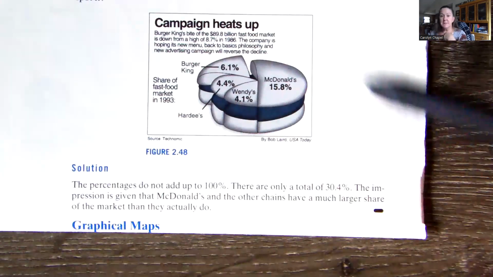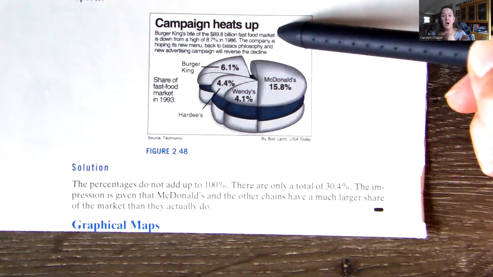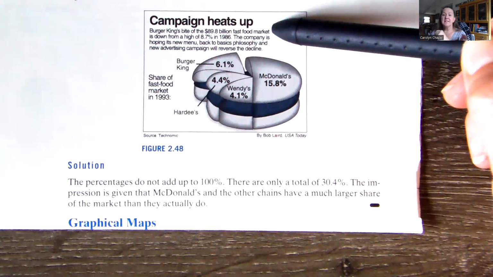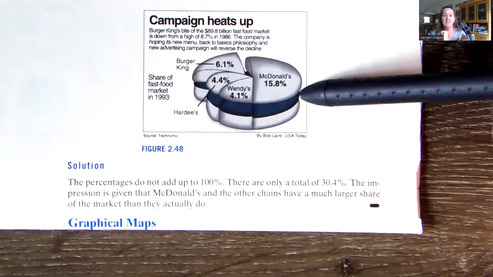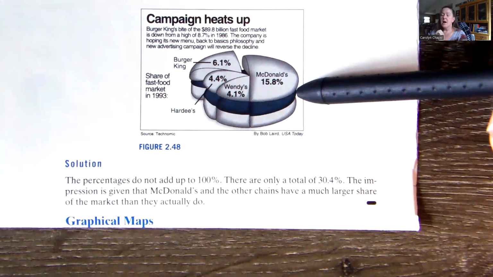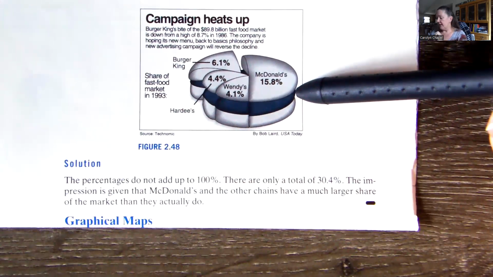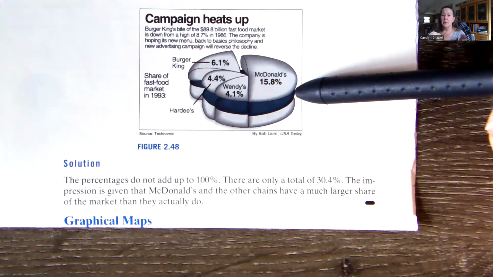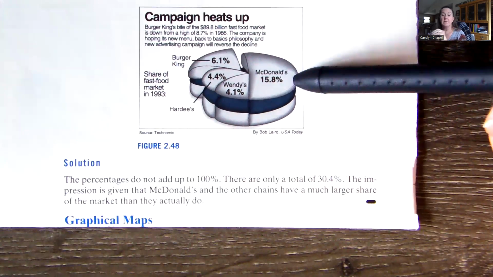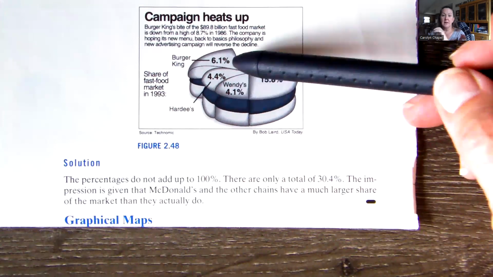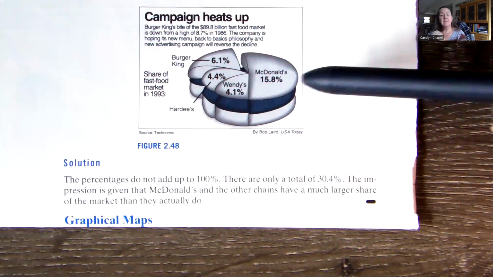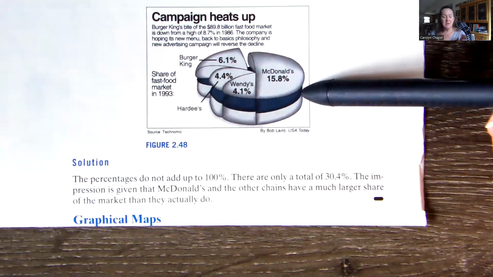And the thing that is missing is the fact that we are talking about the fast food market. These just happen to show some of the fast food market. And I'm guessing this is just the burger places. So the big ones, you know, McDonald's and Wendy's and Hardee's and Burger King. This does not have the mom and pop shops.